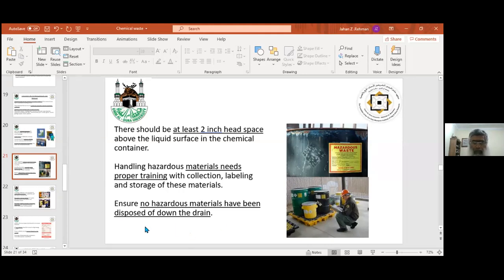Okay, it is another general rule for the lab, and it is a very important rule. Do not throw chemicals into the drains, because it is usually a practice in labs that we throw chemicals into the drains. It is a very bad habit and a very bad practice for the lab and for the environment to throw even a dilute chemical into the drain.